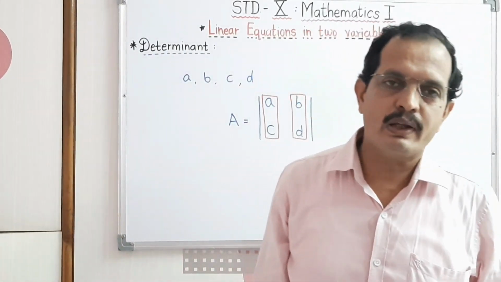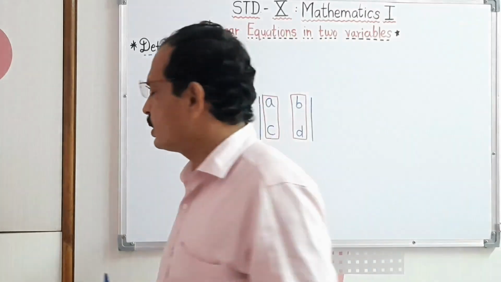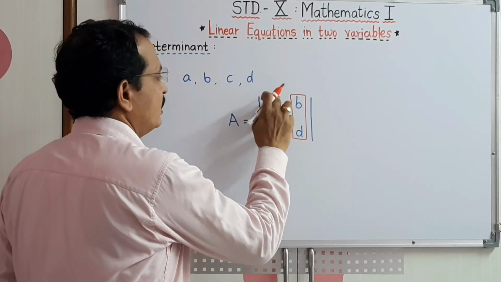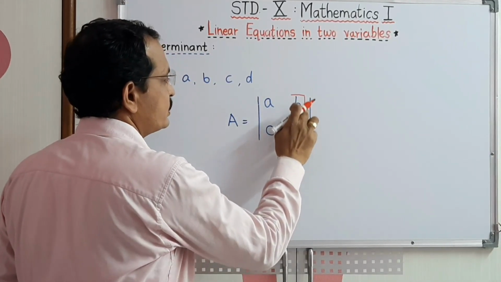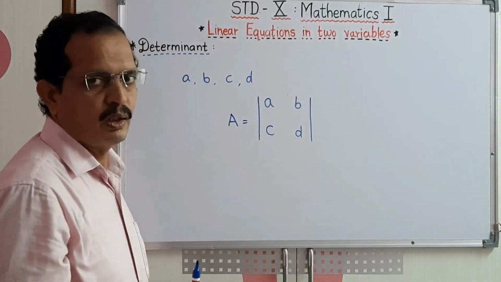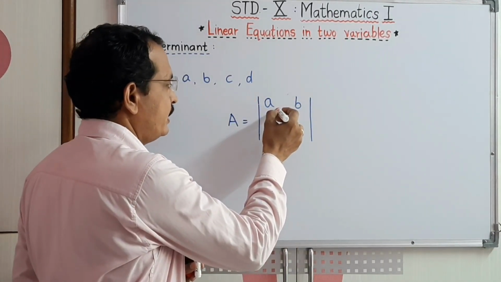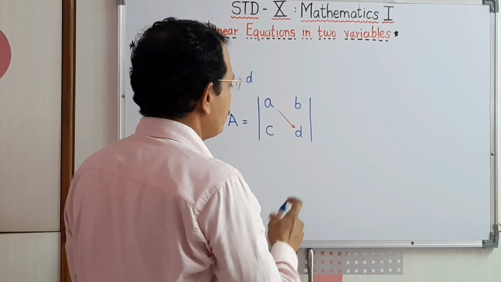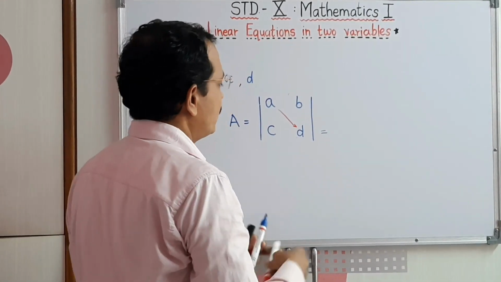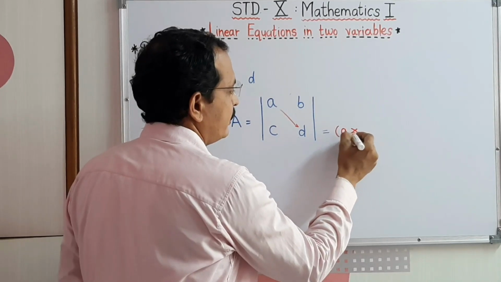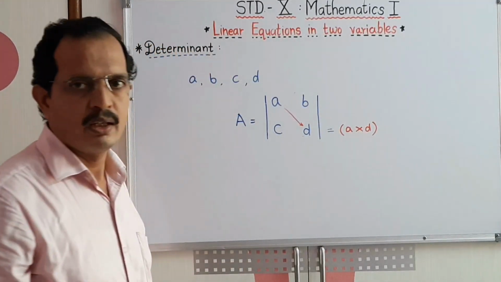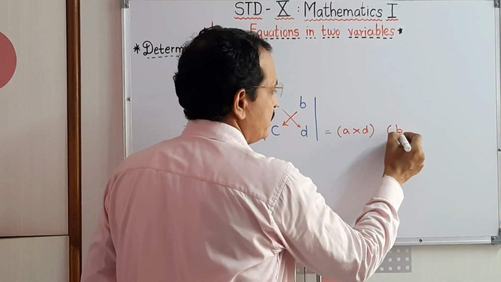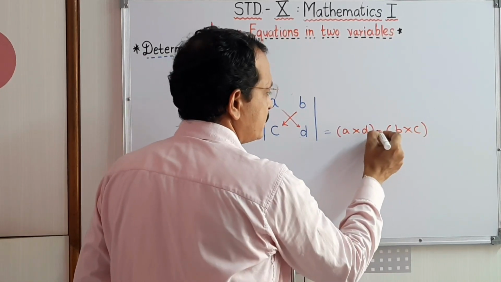Now, how do we find the value of this determinant? To find the value of such determinants, we have to do multiplication. In the first column we consider A, and in the second column we consider D. So we multiply A and D, that is A into D. Then we multiply B with C, that is B into C, and we subtract.